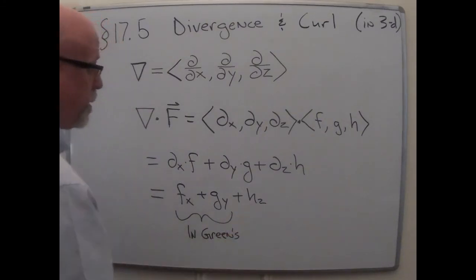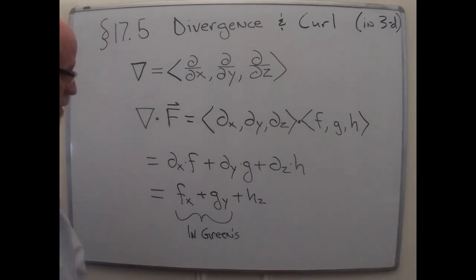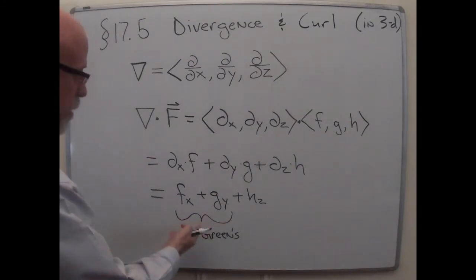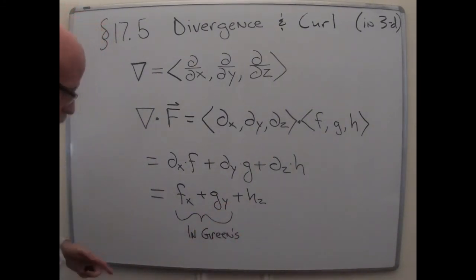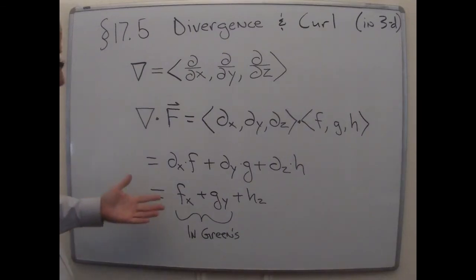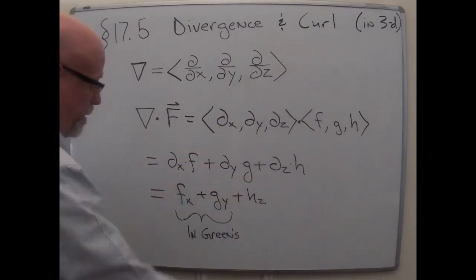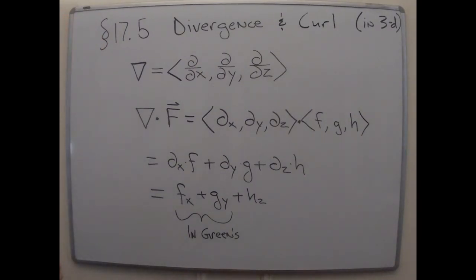When you add in the third component, you get the divergence in the more general case. Or you can think of that in reverse: if you have a three-dimensional thing, you can just truncate it, leave off the h sub z, and you've got the 2D version for Green's theorem.